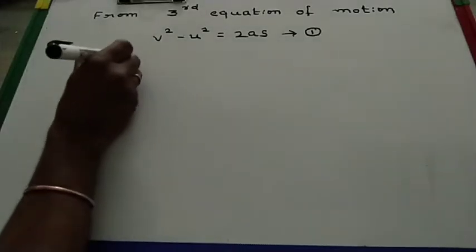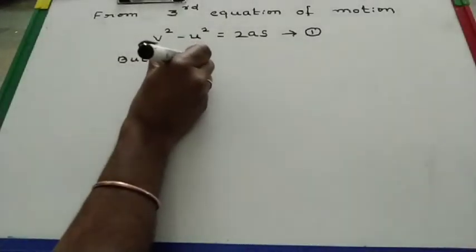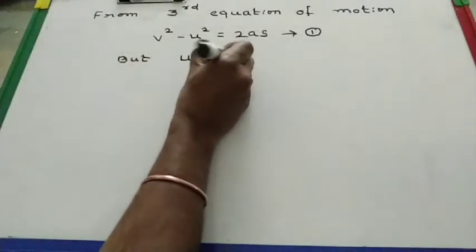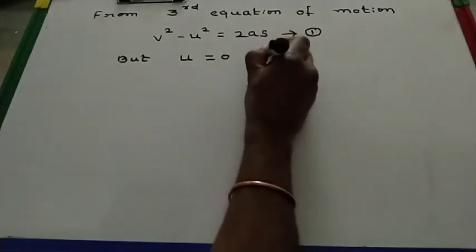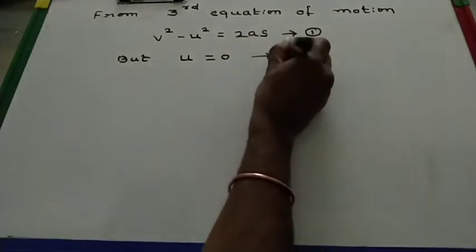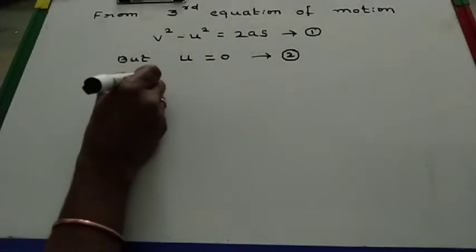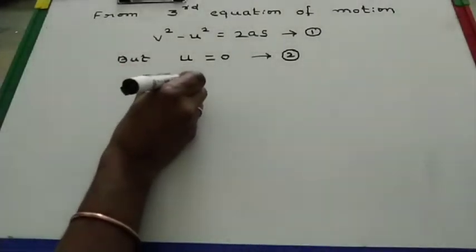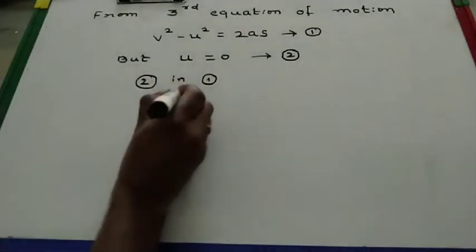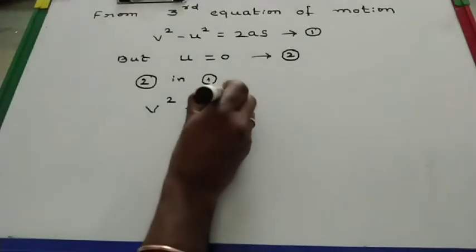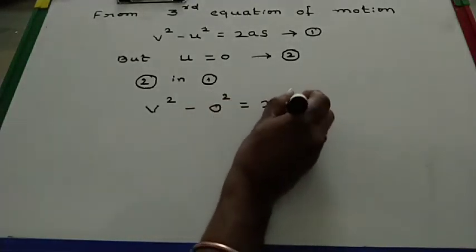But u is equal to 0, that means initial velocity is equal to 0. Consider this equation number 2. Now 2 in 1, what happened? v square minus 0 square is equal to 2as.